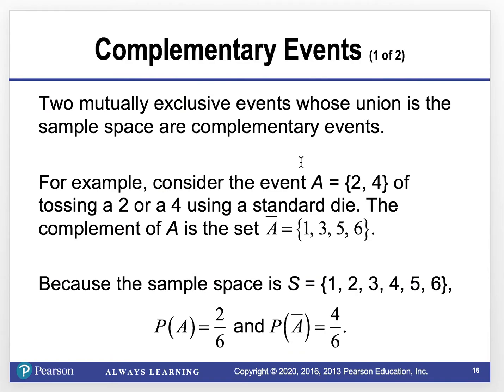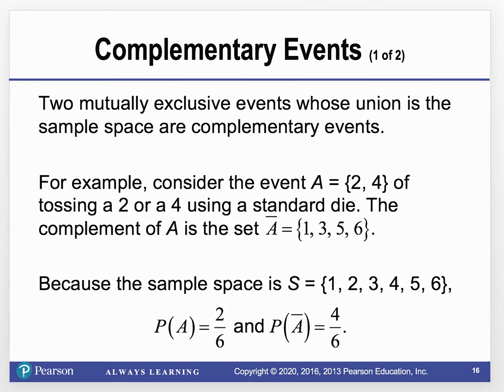So 2 mutually exclusive events whose union is the sample space are complementary events. What a weird way to say that. Okay, complementary events, and here's how we talk about the complement. We could also use the apostrophe.